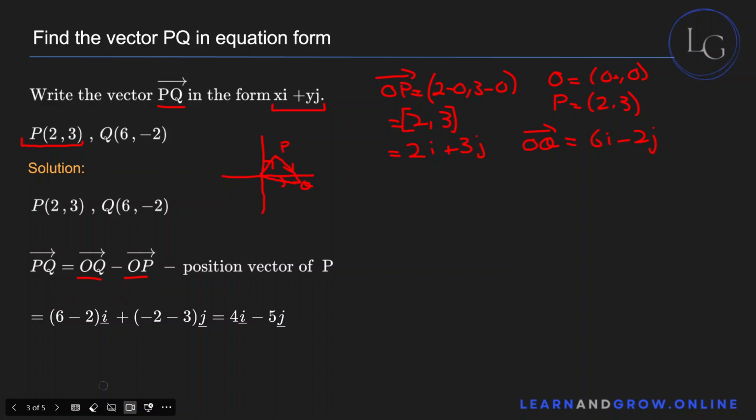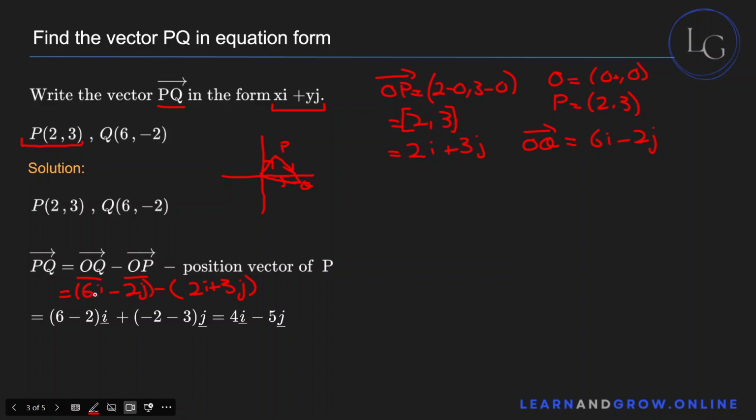Just a second. OQ is equal to 6i minus 2j, so 6i minus 2j minus OP, which is 2i plus 3j.